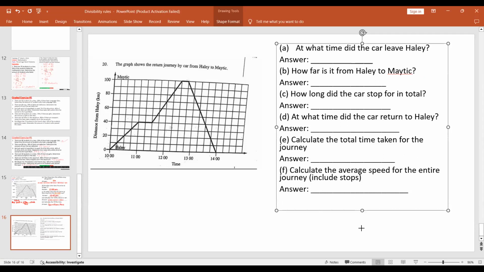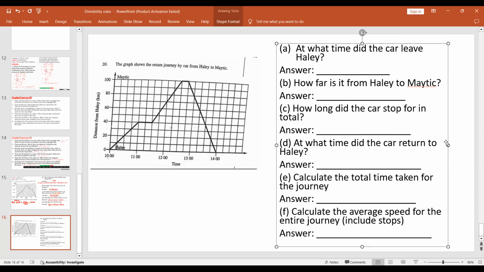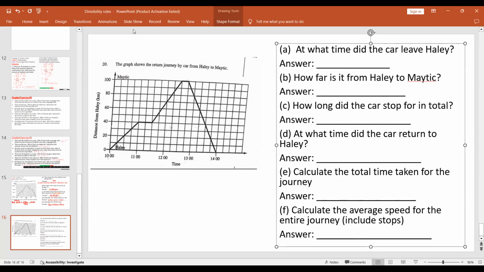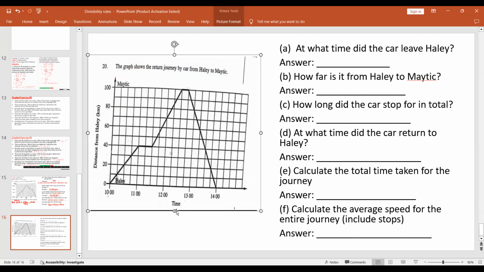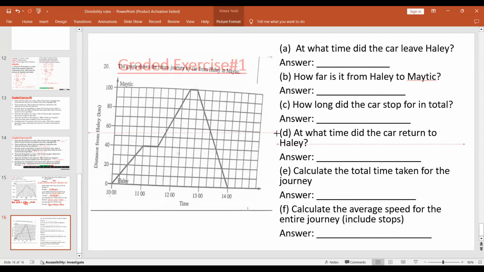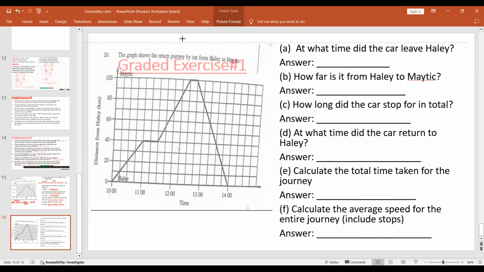It's going to be F. Okay, good. These are your questions based on this graph. Again, do not draw the graph, only write down the questions and the answers.